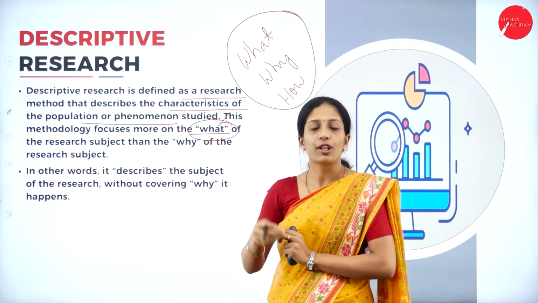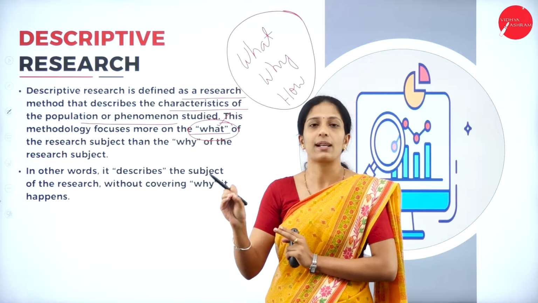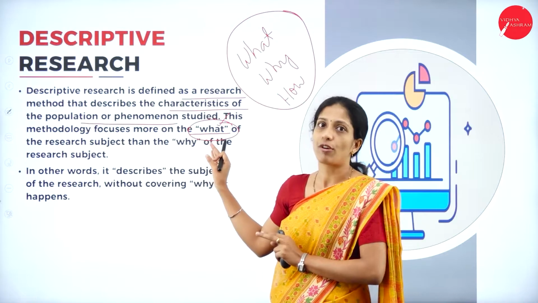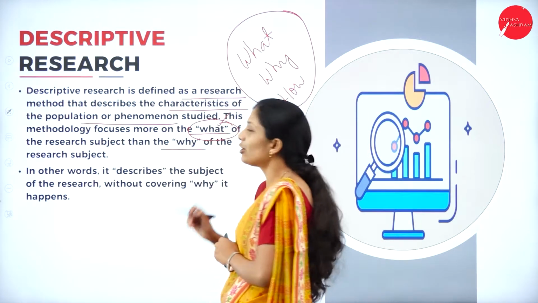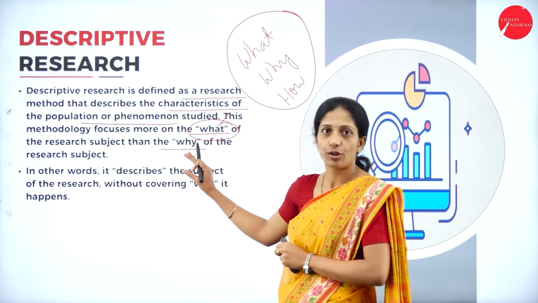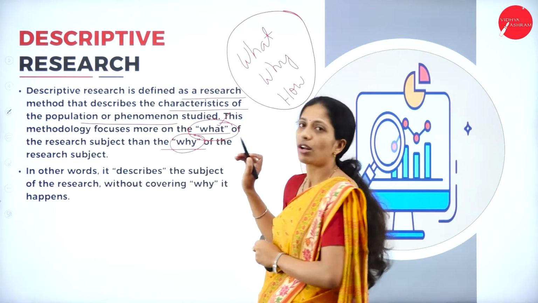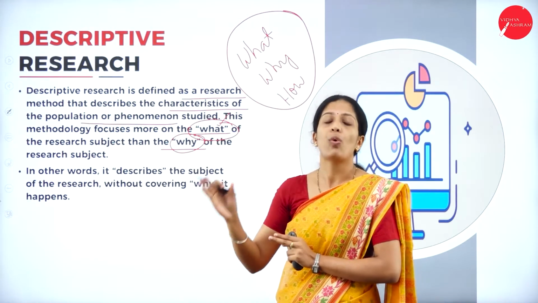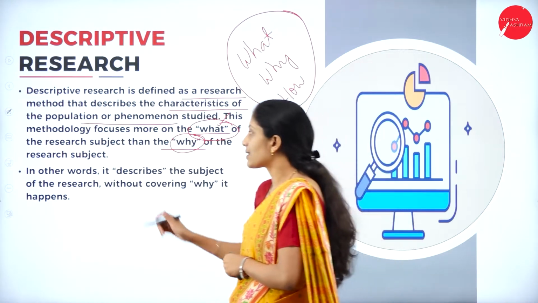That is, we are going to find a solution to a particular problem on the basis of what of the research subject rather than why. So instead of searching a solution to a particular problem on the basis of why, we are going to solve the problem on the basis of what type of questions.